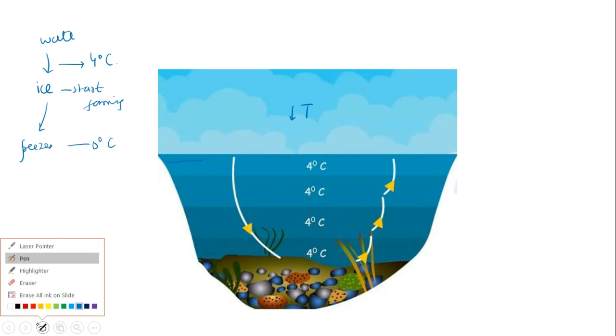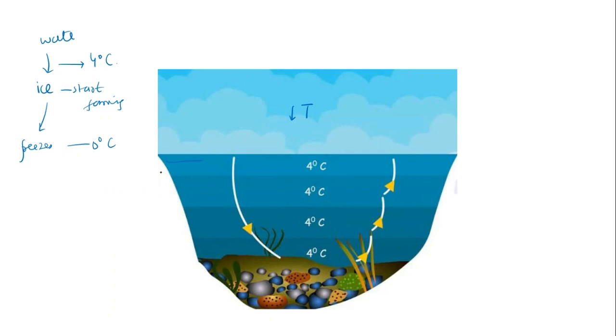So the upper layer of water starts to freeze because of the temperature getting lower and lower. So it starts becoming ice. Now once it has become ice, the lower layers of water don't turn into ice.